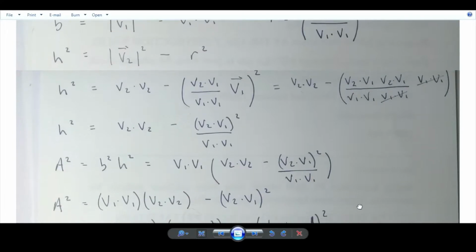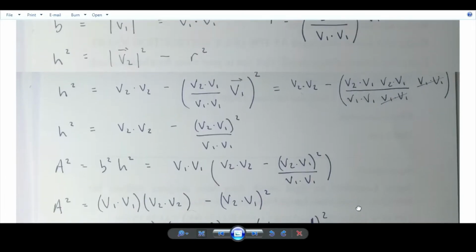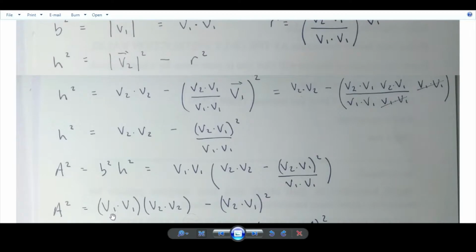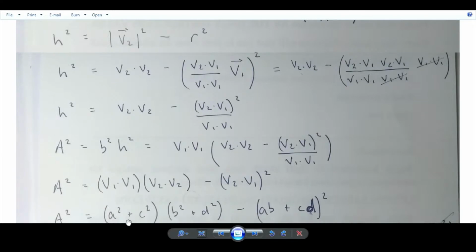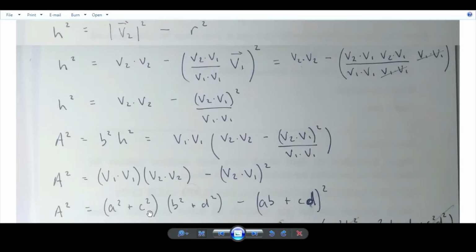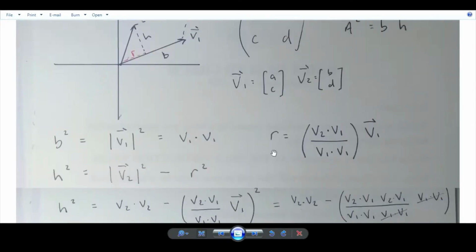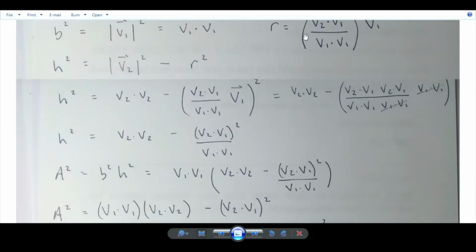Now what can I do next? I can substitute the actual values in. What's v1 dotted with itself? That's going to be a squared plus c squared. It's a bit like Pythagoras coming in again. And v2 dotted with itself, we've got b times b plus d times d, or b squared plus d squared.